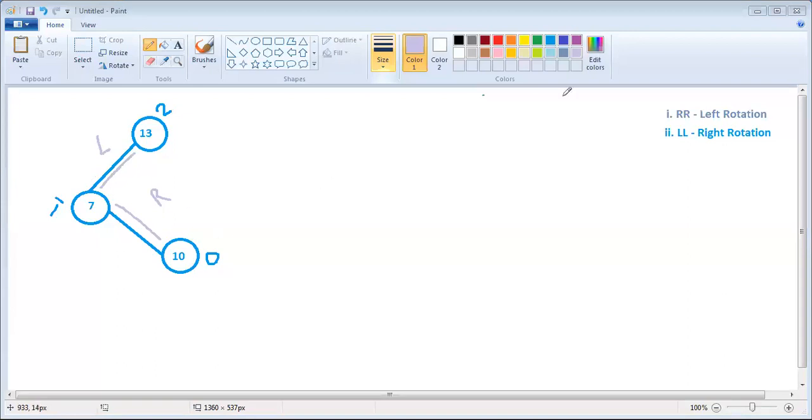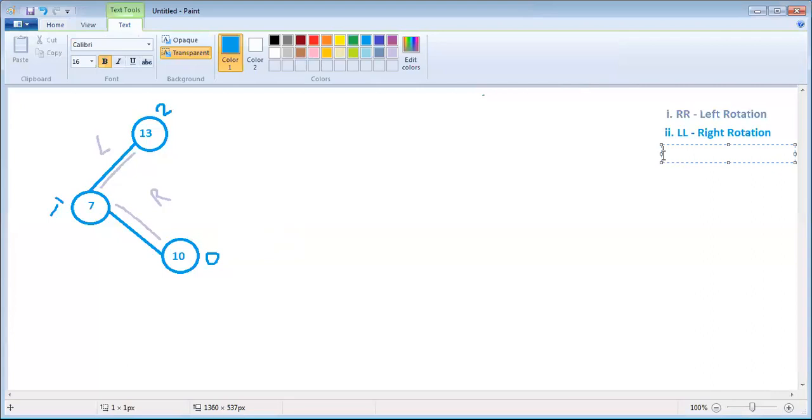So if I have this kind of thing, how can I rotate and make the tree balanced? So there is a rule. If you get the LR pattern, that is the third rule.